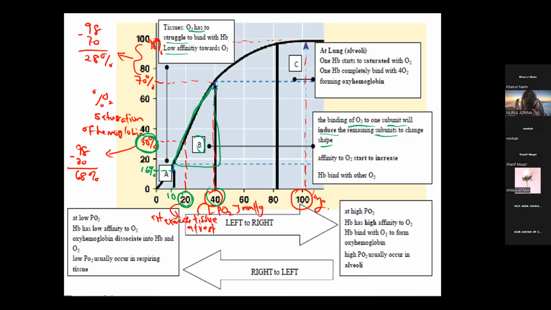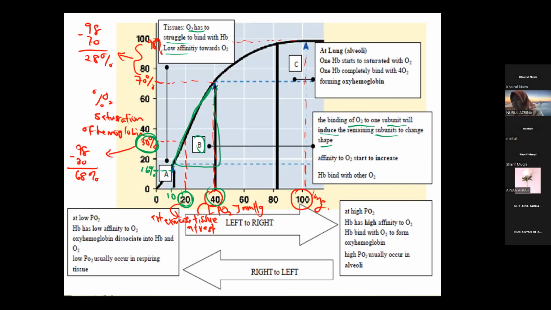So masa partial pressure of oxygen rendah, 10, 20, hemoglobin is very hard to load oxygen, because hemoglobin has low affinity toward oxygen. Hemoglobin kurang kecenderungan kepada oxygen. But when the partial pressure increases slightly, ataupun when one molecule of oxygen manages to bind with one subunit, macam yang terangkan tadi, it will cause the remaining subunits to change shape and become high affinity toward oxygen.